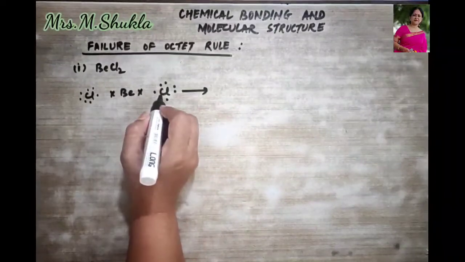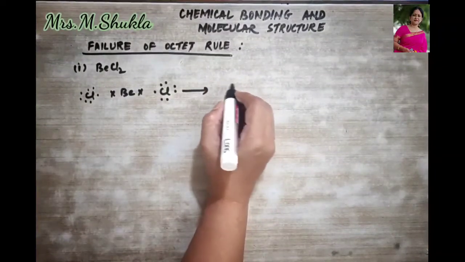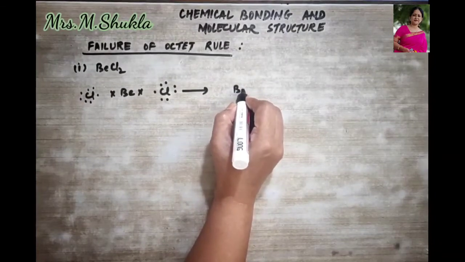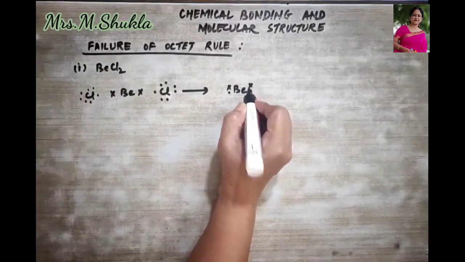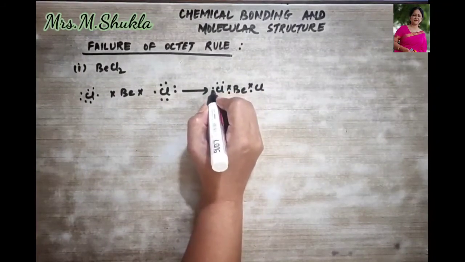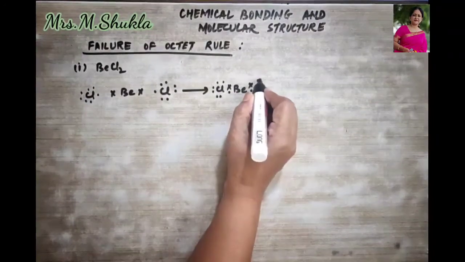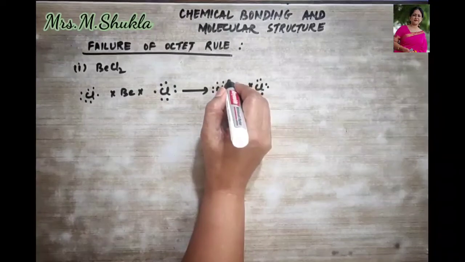Both are non-metals, so definitely covalent bonding will be shown over here. It can be shown like this.